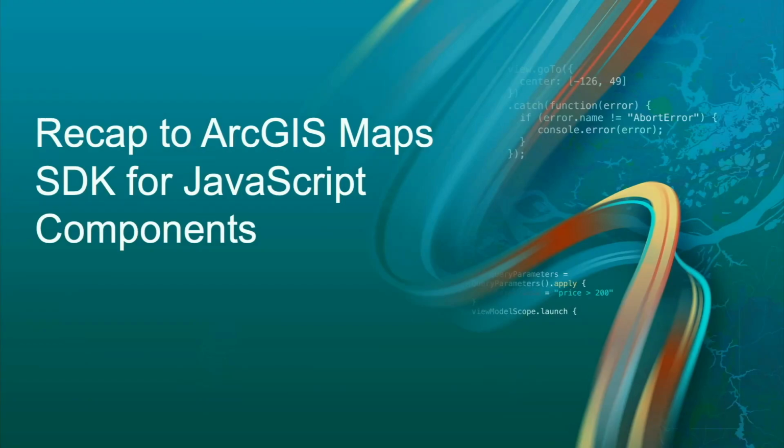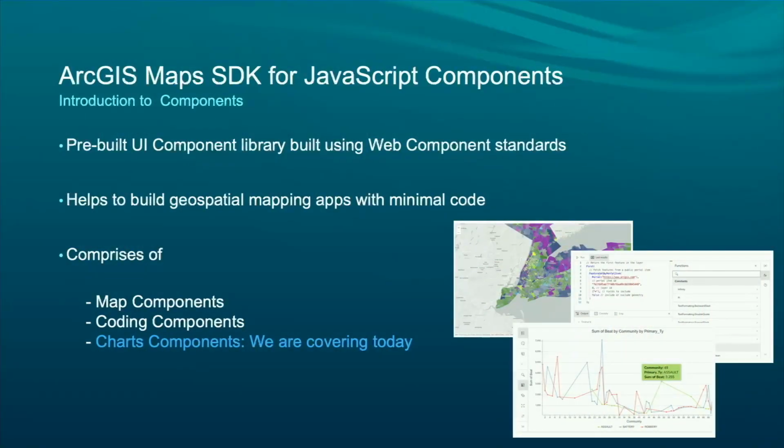We would like to give a quick intro and recap of the SDK components story. There was a session yesterday called Getting Started with ArcGIS Maps SDK for JavaScript Components. This will help anyone who missed that session. Maps SDK for JavaScript components provides pre-built UI that can be used by beginner or advanced users to build geospatial applications with minimal code.